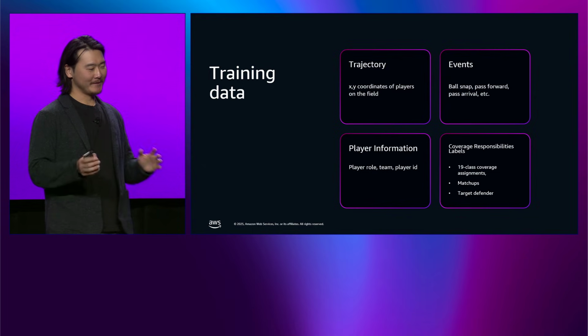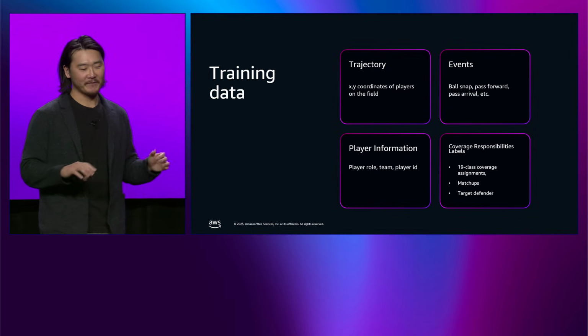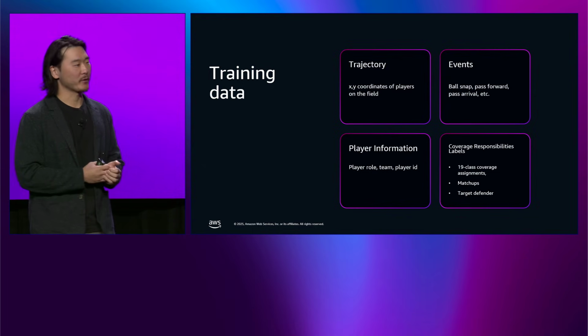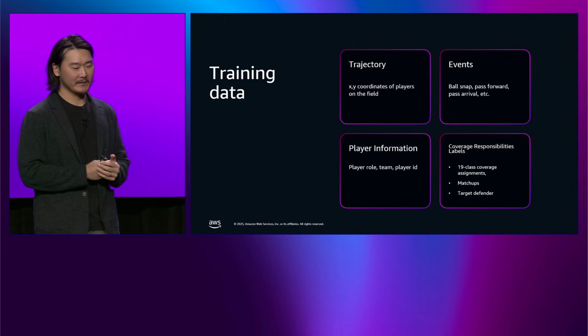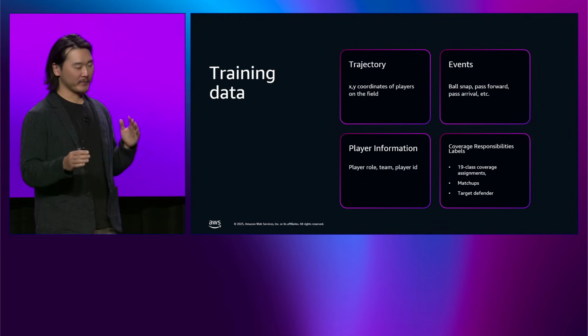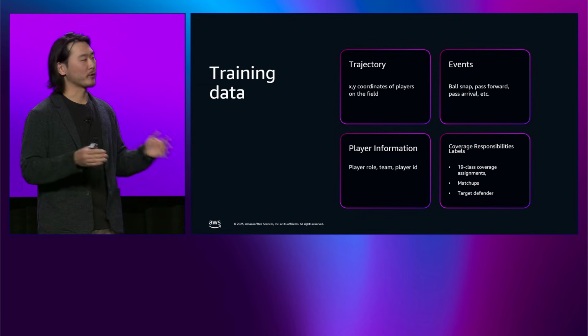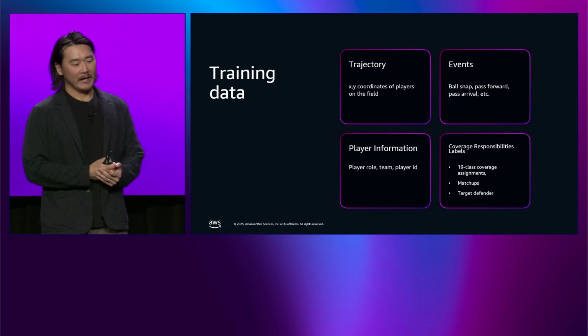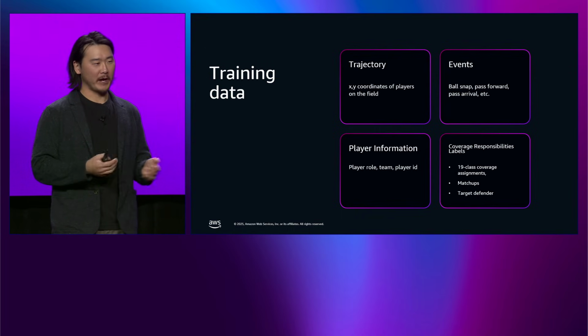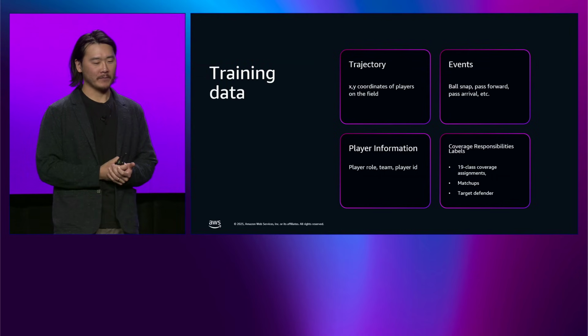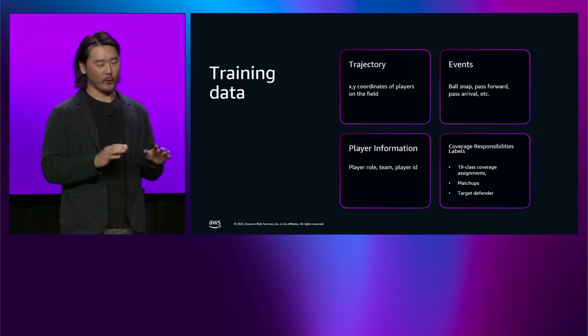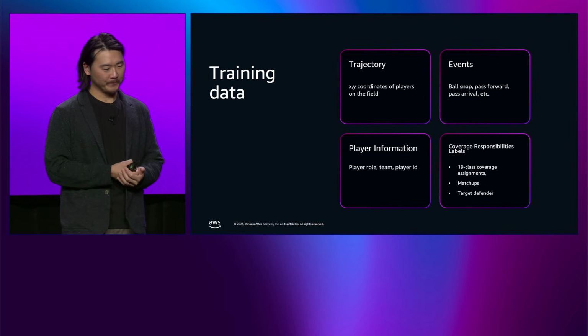All right, so in terms of the training data, we had about 5 years worth of data collected, from seasons 2020 through 2024. This amounted to about tens of thousands of passing plays total. In terms of the 4 main categories of data sets, we have trajectory, events, player information, and the coverage responsibility labels.